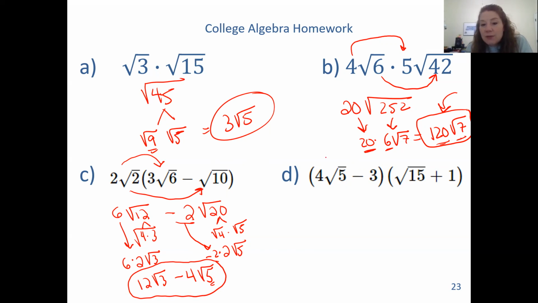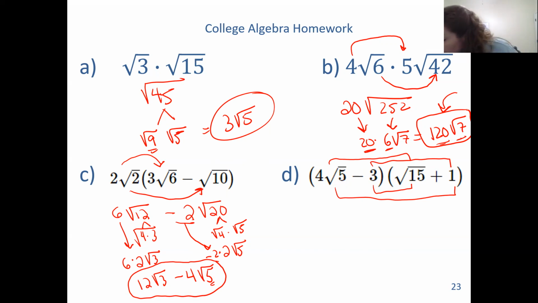All right, now this one we have to FOIL. We have to do first 2, outside 2, inside 2, last 2. So we're going to do 4 square roots of 5 times square root of 15. So square root of 5 times the square root of 15 would be what? 45, I believe. Nope, 75. So this would be 4 square roots of 75.